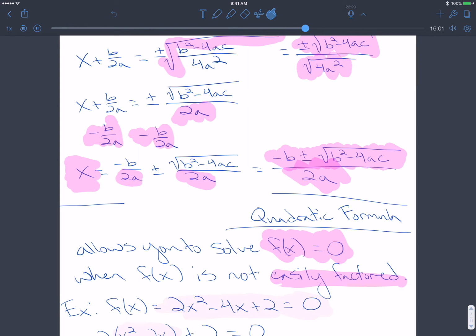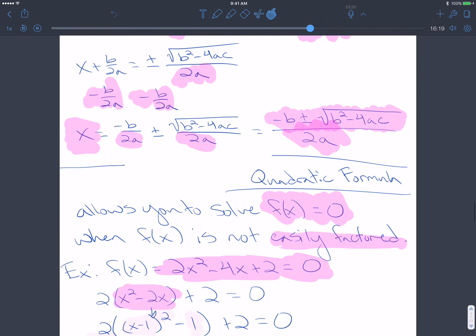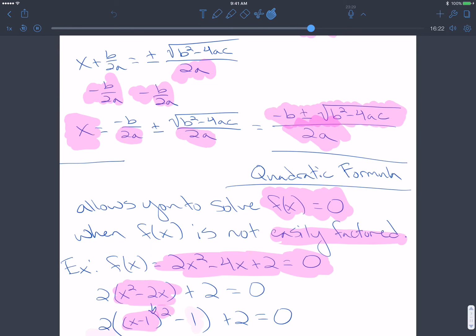So if f of x is 2x squared minus 4x plus 2, we're solving for when this is equal to 0. If I were to do the same completing the square that we just did and solve for x, which is also something you're welcome to do, you can complete the square, pull the 2 out, 2 times x squared minus 2x. You divide that 2 by 2 to get x minus 1 quantity squared, and then subtract the 1 squared.